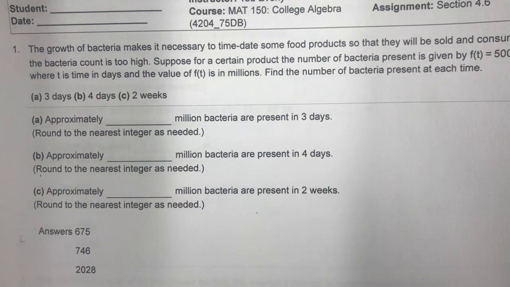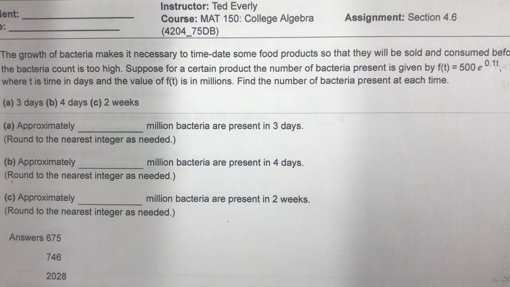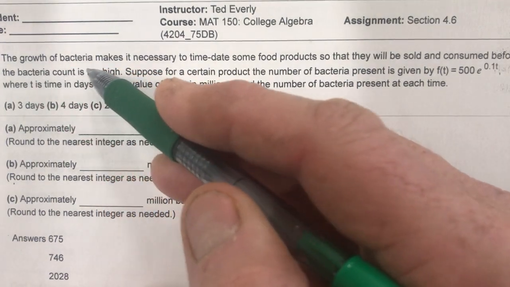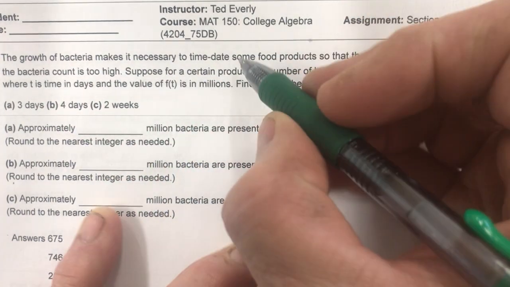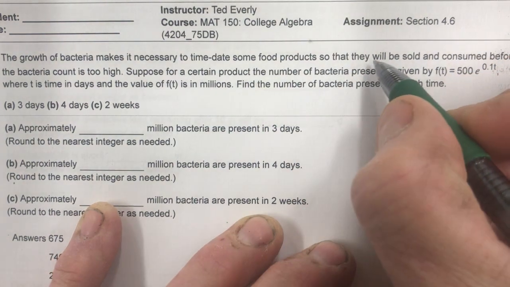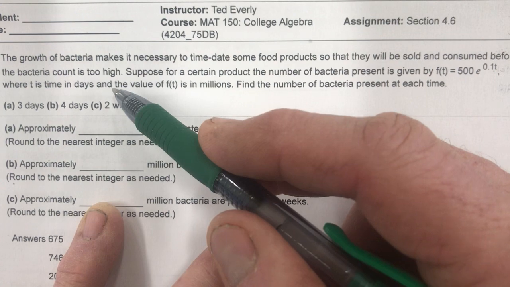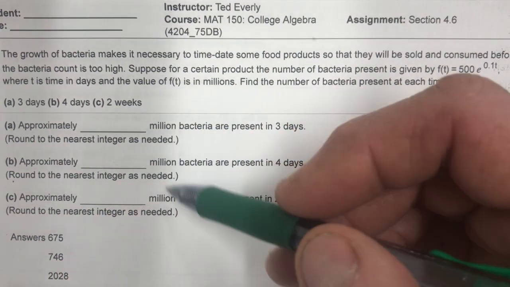Anyway, in this first problem, the growth of bacteria makes it necessary to time date some food products so they will be sold and consumed before the bacteria count is too high. That makes sense.